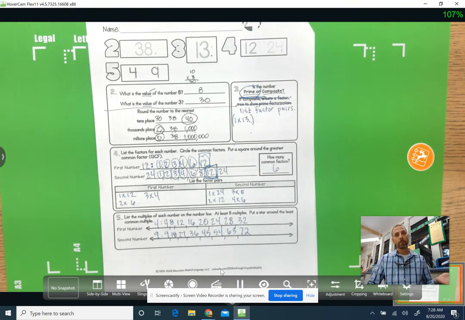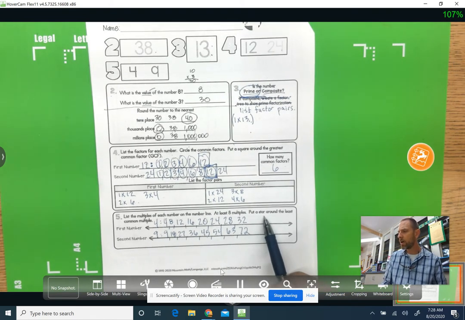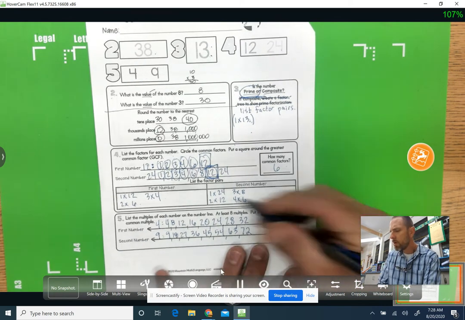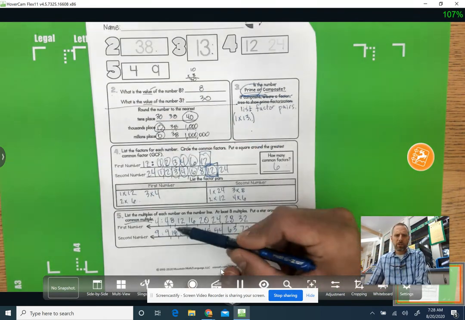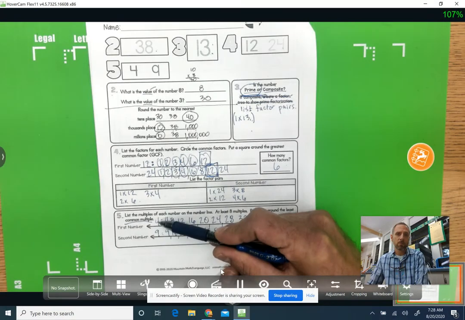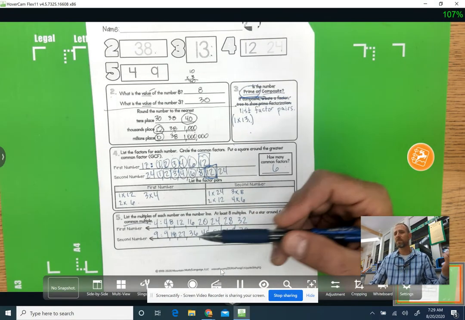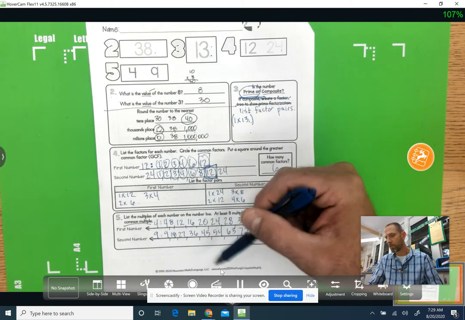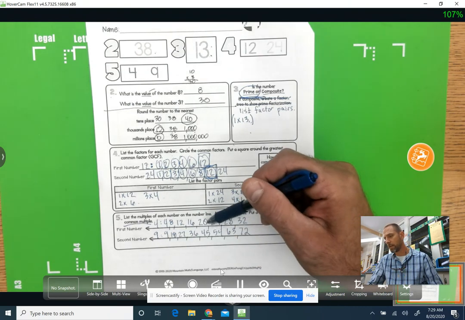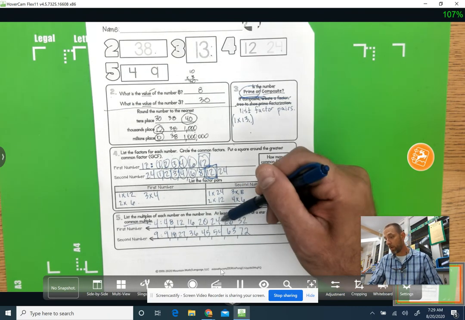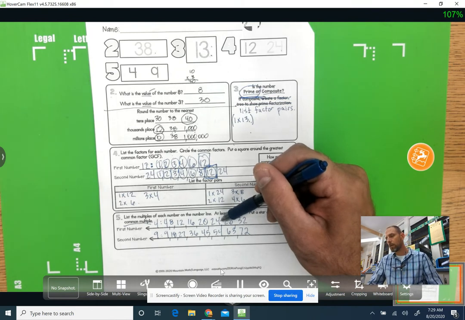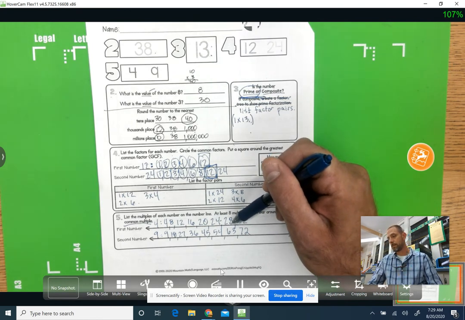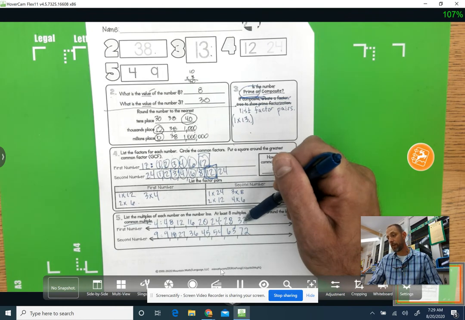Now the last direction for number 5 is put a star around the least common multiple. Do these two numbers have any multiples that are common, or do they have multiples that are the same? 9 doesn't have a 4, 9 doesn't have an 8, 9 doesn't have 12, 9 doesn't have 16, 9 doesn't have 20, 9 doesn't have 24, 9 doesn't have 28, 9 doesn't have 32.